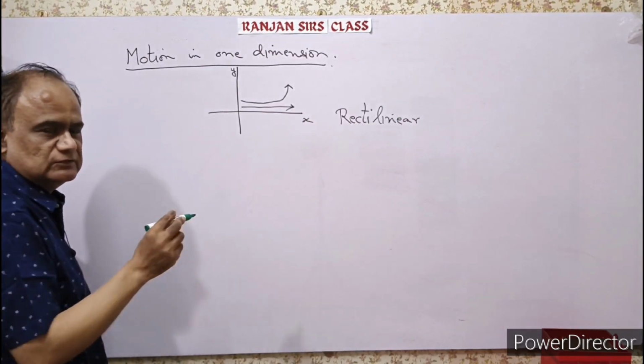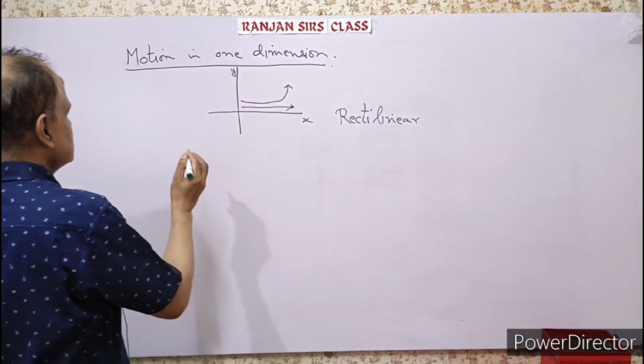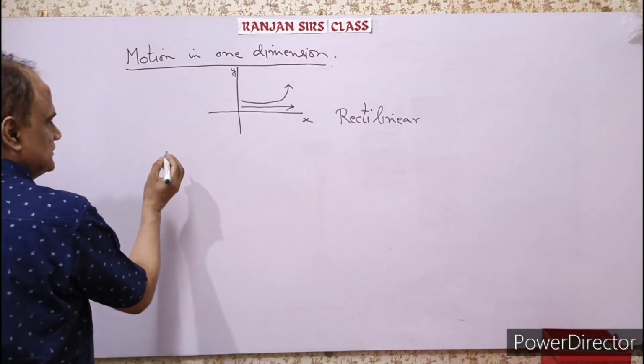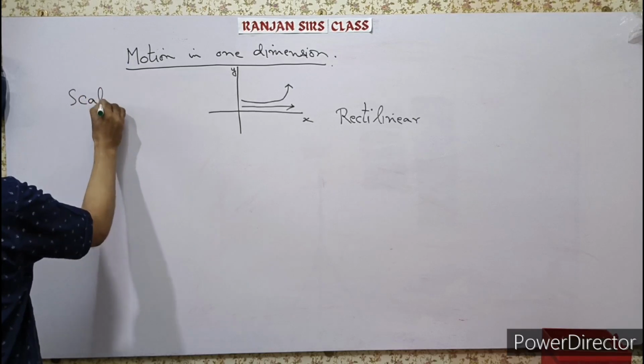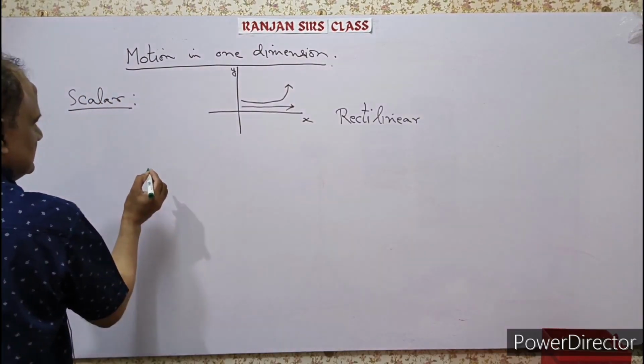Okay, if that is clear to you, next we will come to define what are scalar and vector quantities. That is very necessary before we start the chapter. So let us see what is a scalar and what is a vector quantity. Okay, first of all, write down what is a scalar quantity.